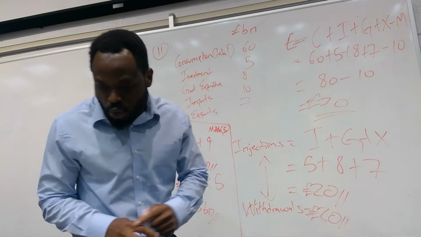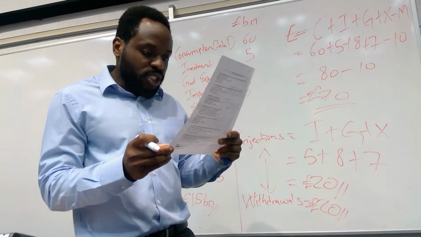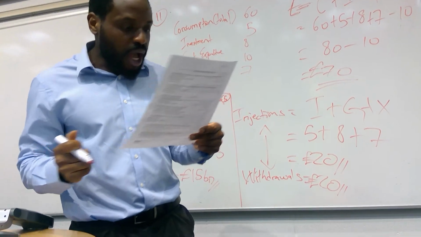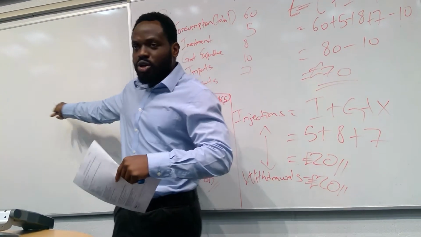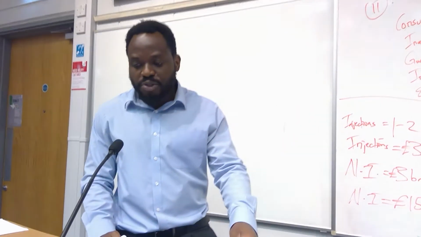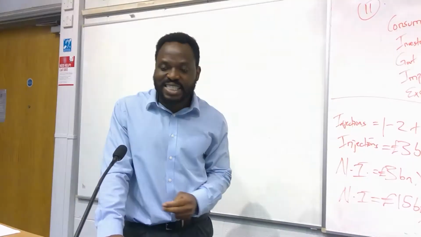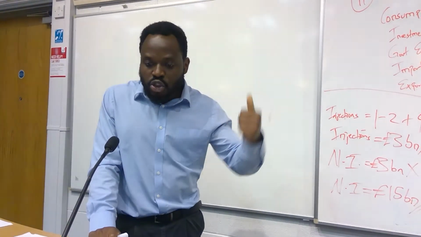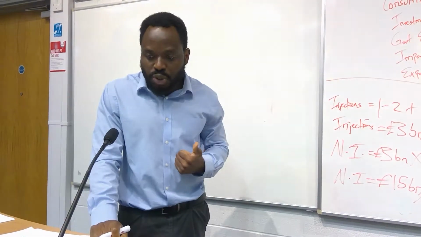I think we have just one more question. Question 12 is quite interesting. It says, assume the multiplier has a value of 3. Now assume the government decides to increase aggregate demand in an attempt to reduce unemployment.